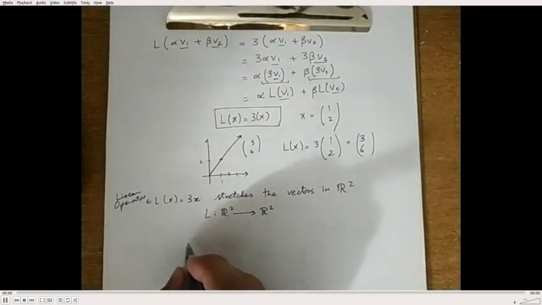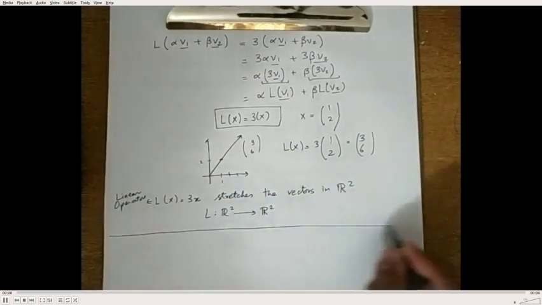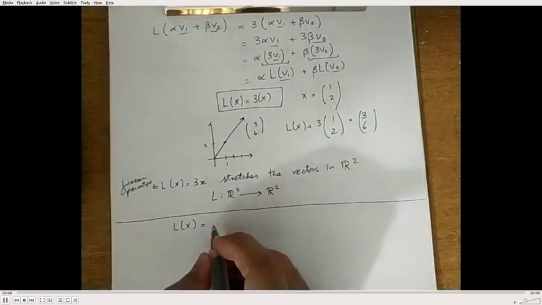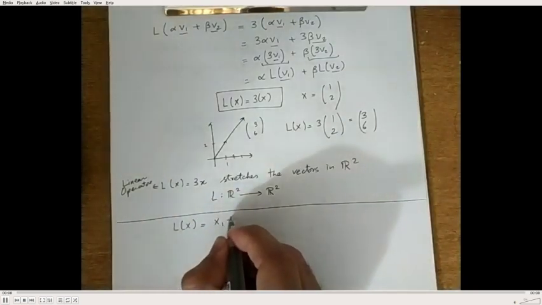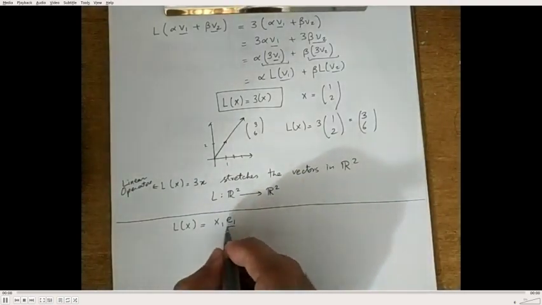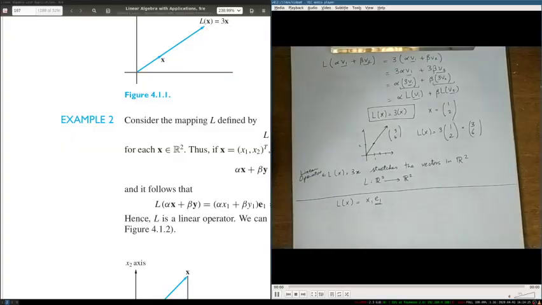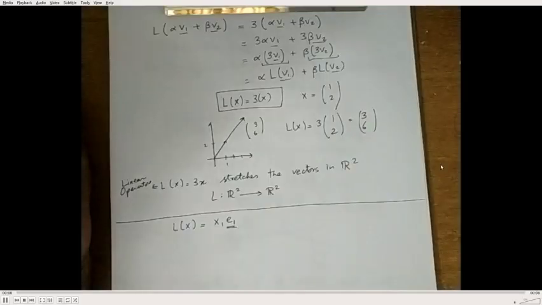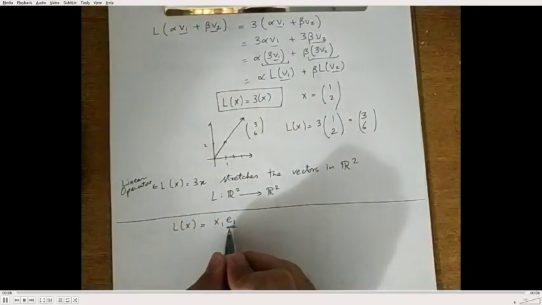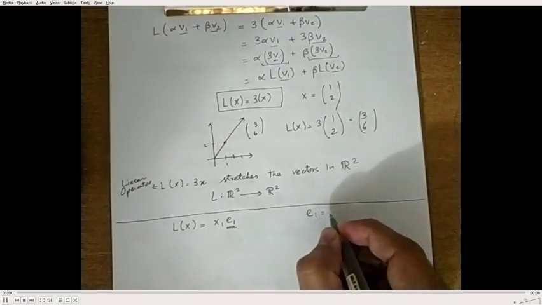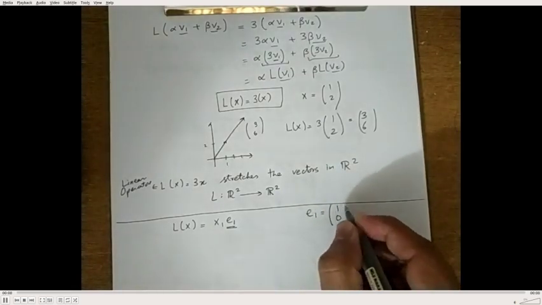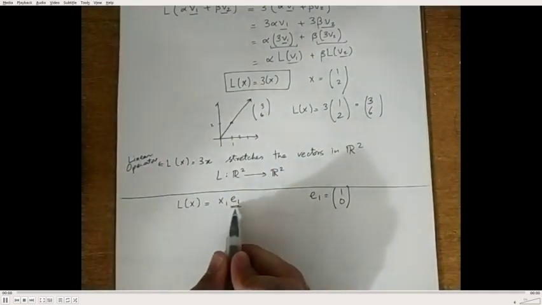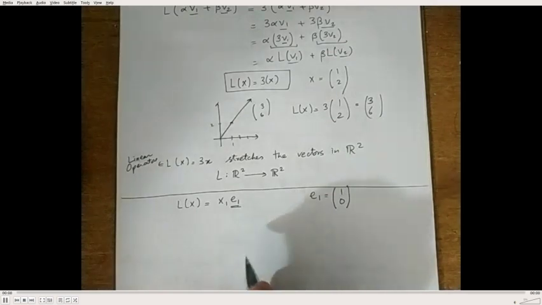I have another transformation: L of x equals x1 e1, where recall that e1 was the standard vector (1, 0). So let's try to understand what this transformation does.